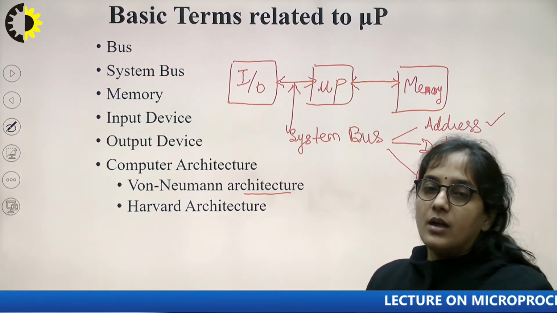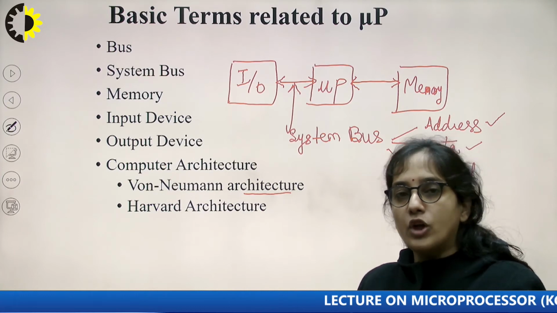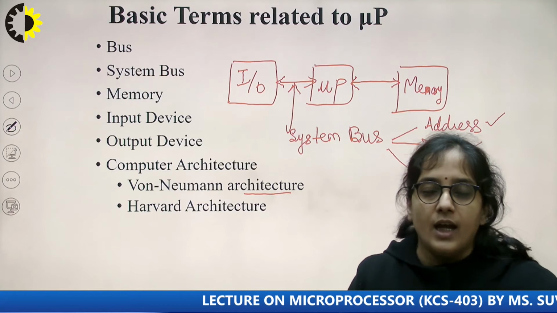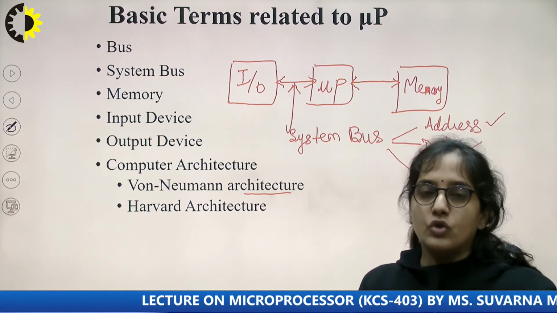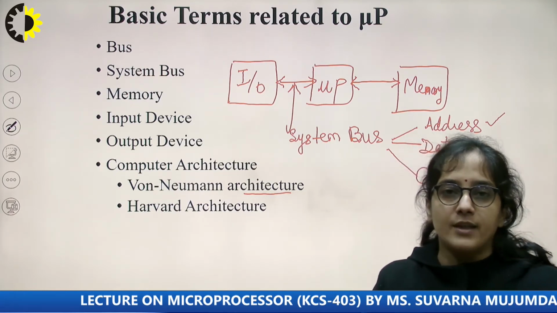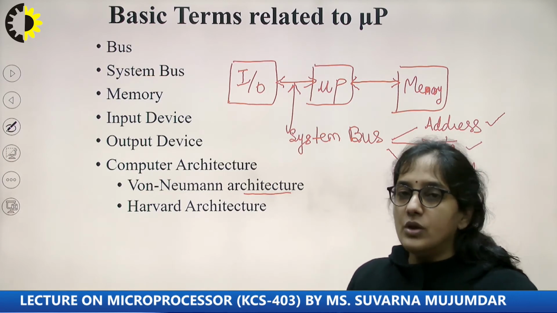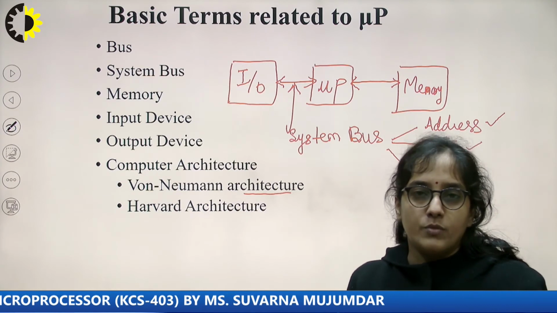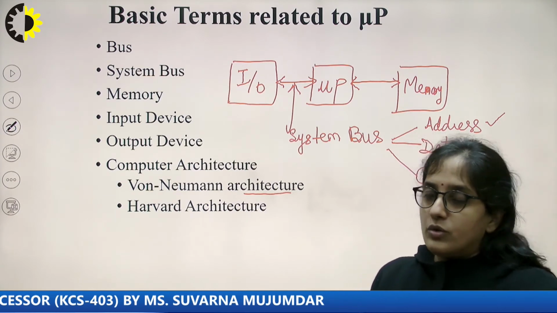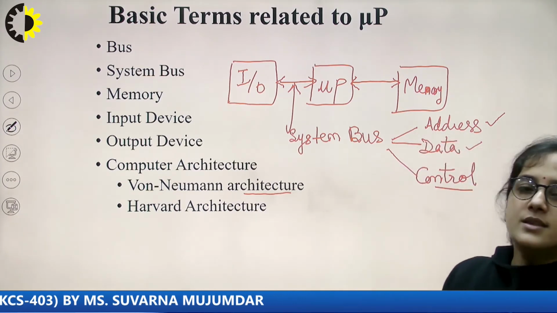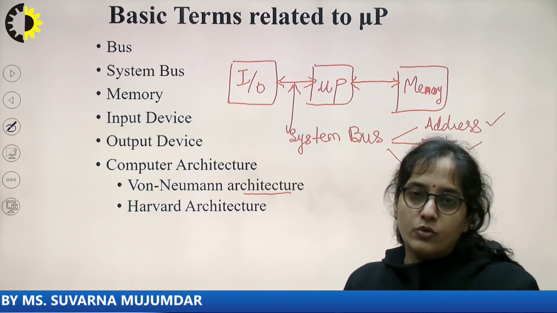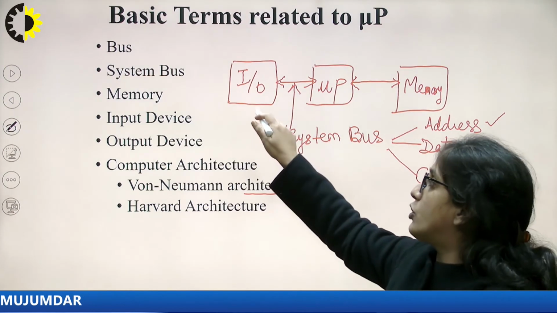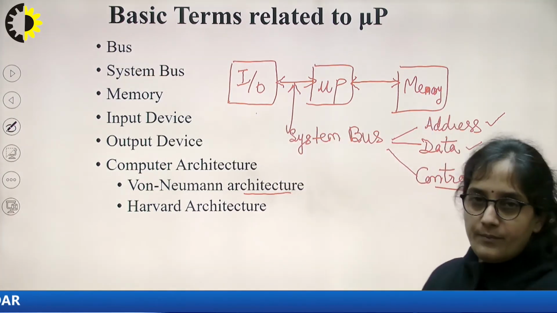And how I am going to proceed, at what time I am sharing my information with that person, and other details like through mail or through WhatsApp or any other media, that is all about the control part. So, these are the three buses that the microprocessor will use to share information or data either with an input output device or with memory.